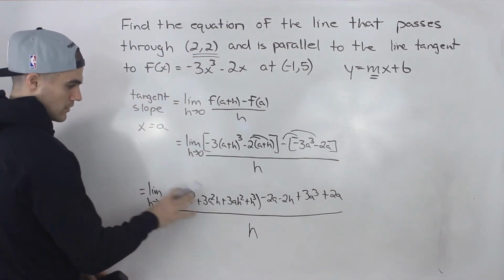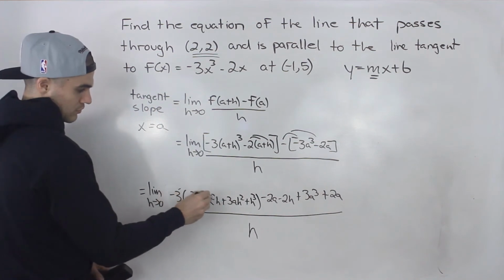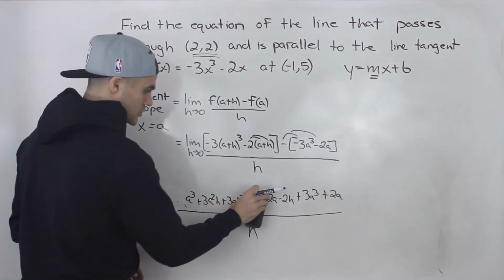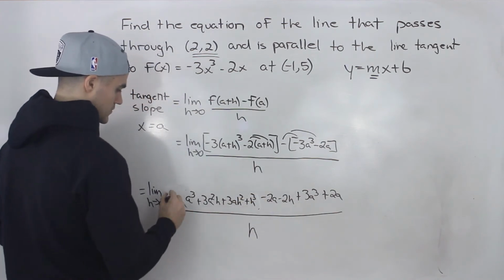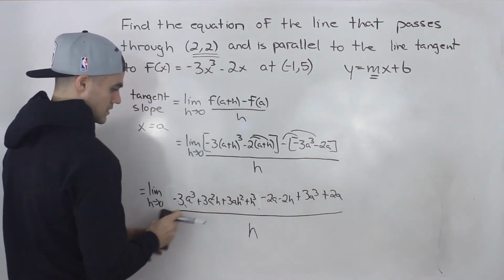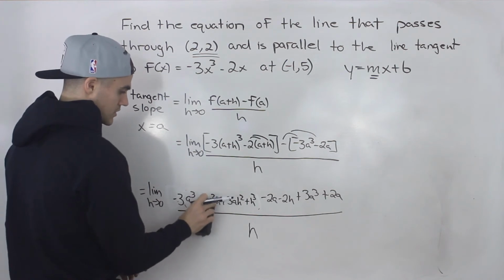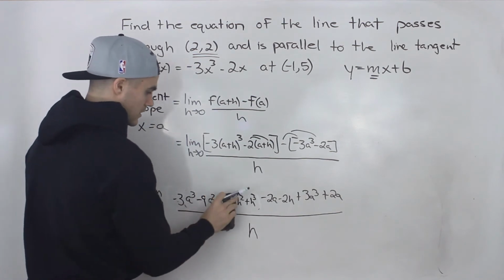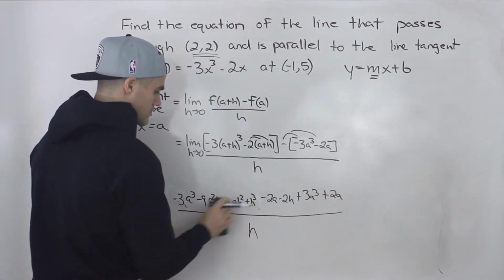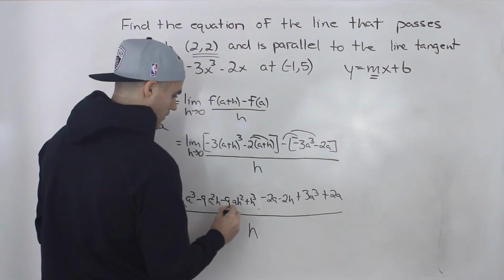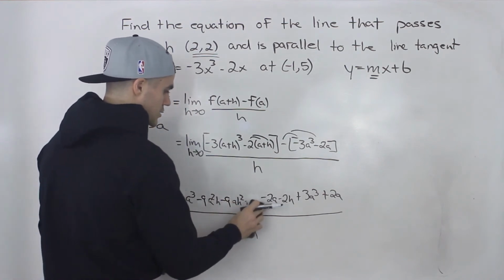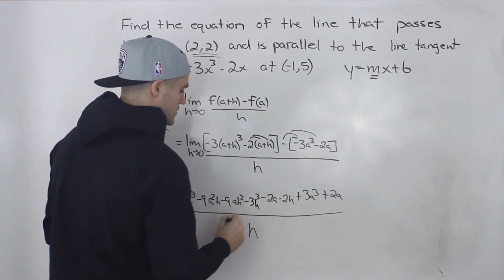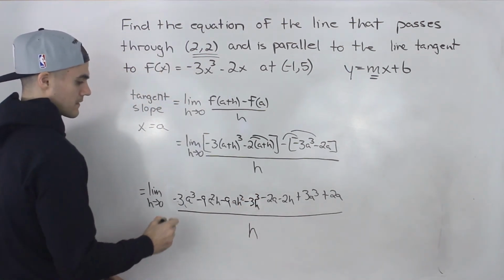And then instead of rewriting all this, I'm just going to distribute the negative 3 inside this bracket right away. So we'd have negative 3a cubed, this positive 3 would turn into a negative 9, this positive 3 would turn into a negative 9 as well, and then this plus h cubed would turn into minus 3h cubed. So this would be your next line.